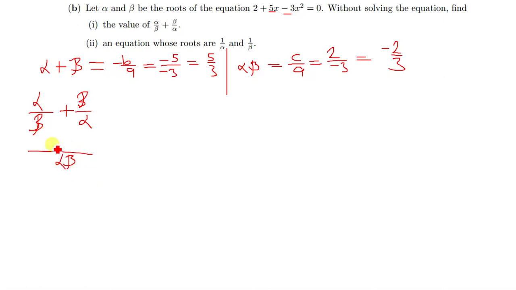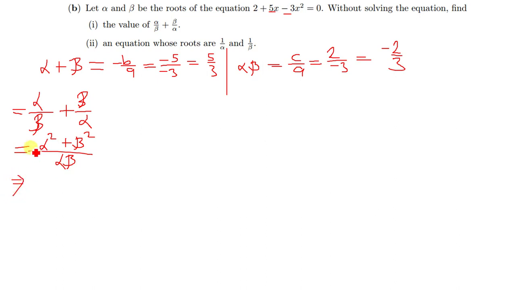Then when you divide there, you get alpha squared plus beta squared over alpha times beta. So we already have alpha times beta, but we don't have alpha squared plus beta squared. So we need to find that.